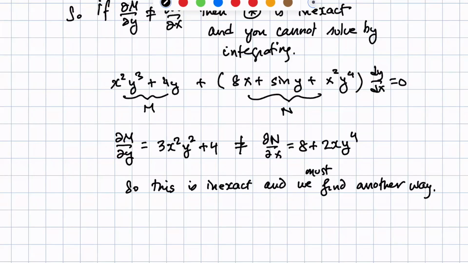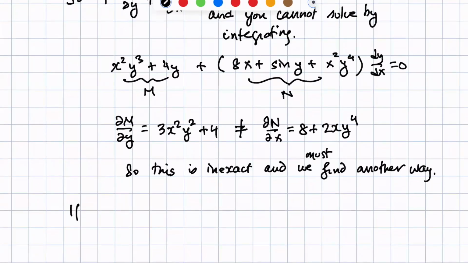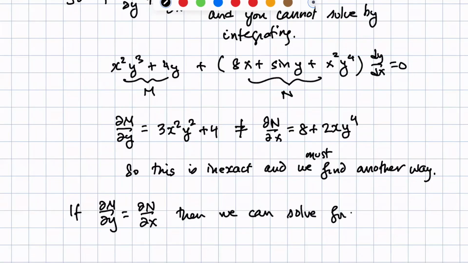Now, what if they are equal? If dM/dy is equal to dN/dx, then we can solve for f. But then you have to anti-differentiate.